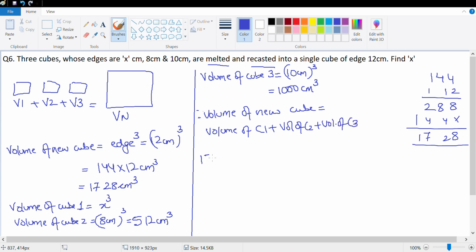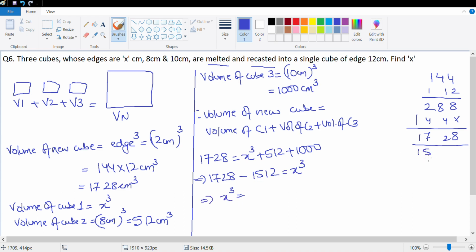We get 1728, which is the volume of the new cube, is equal to x cube plus 512 plus 1000, which means x cube is equal to 1728 minus 1512, that's 216 centimeter cube, which means I will have to take the cube root of 216.